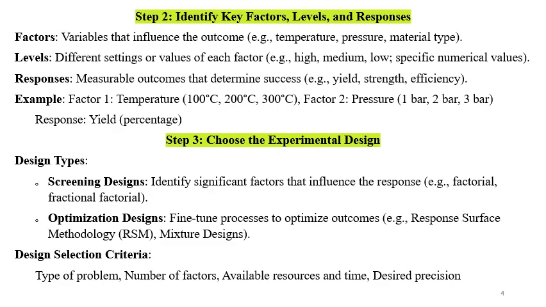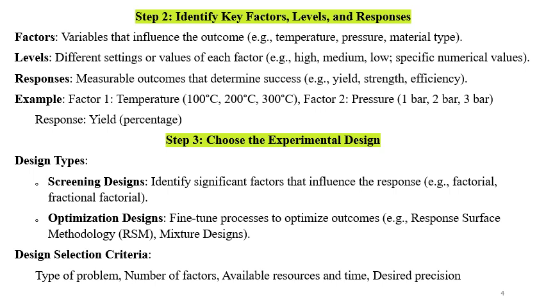Step 2 is identify key factors, levels and responses. So for example, as I am taking here for a control release tablet, polymer level will have impact onto dissolution. So factors, levels and responses are to be identified critically. Factors are the variables that influence outcome. For example, polymer level, temperature, pressure, material type, it may be any variable that could impact the outcome.